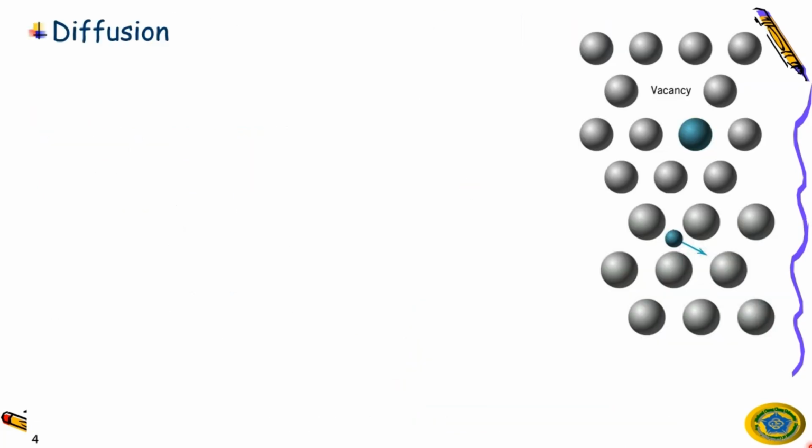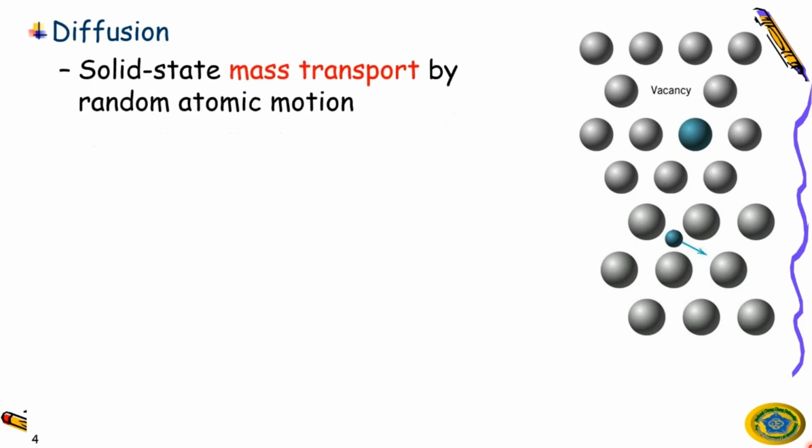There are many types of diffusion. Diffusion is solid state mass transport by random atomic motion. You can see diffusion very often in a liquid or in a gas. For example, if you want a latte, you have a black coffee, and you put milk into it. If you use your spoon to stir, the milk diffuses into the coffee, and eventually it becomes a latte.